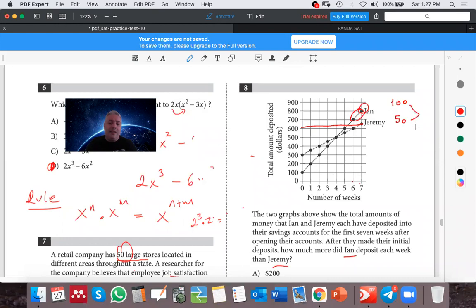That means directly the difference between them is 50. Or even you can have a look here: from 200 to 300, you increase by 100. In the same interval for Jeremy, from 350 to 400, it is 50. So you see the difference between them, 50.